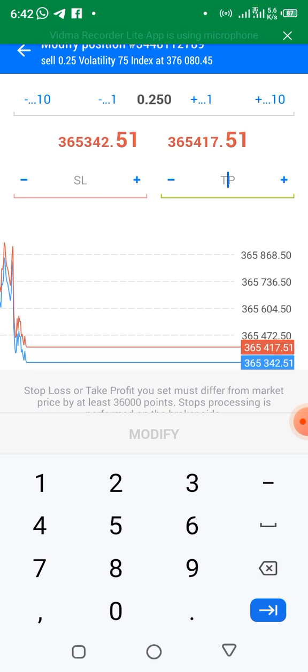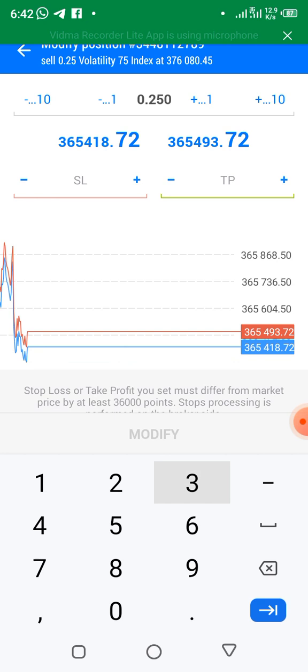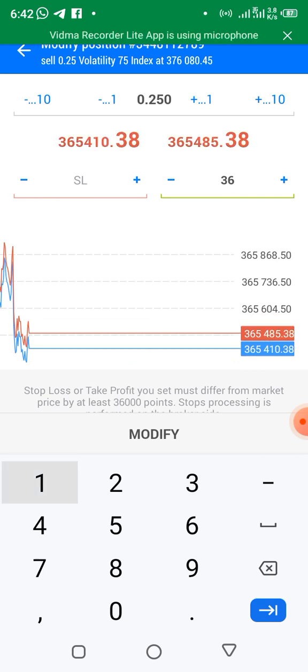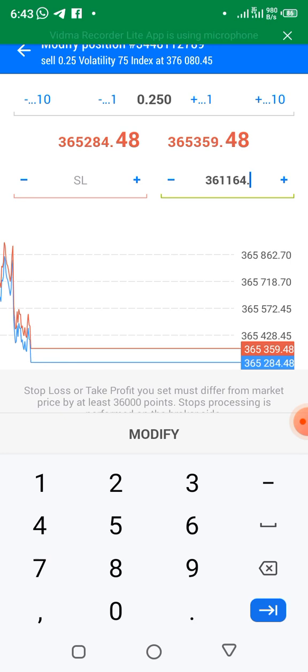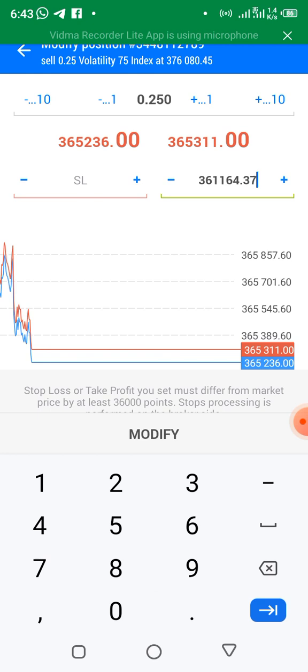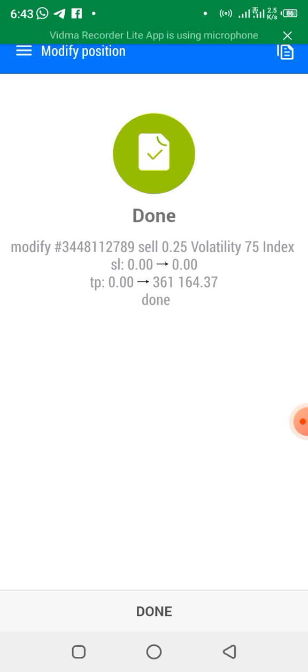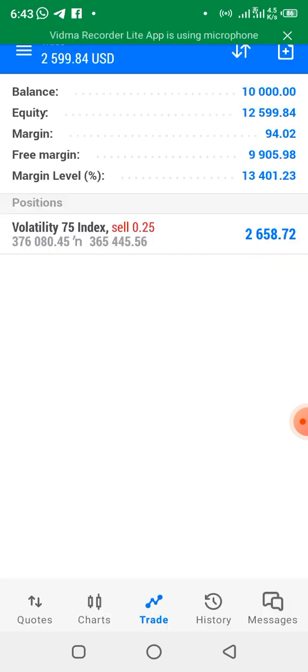It's not highlighted. Well, let me type it again. 361164.37. All right, so I would press modify. All right, it's modifying. I think network is not so fast this morning. Good, done.